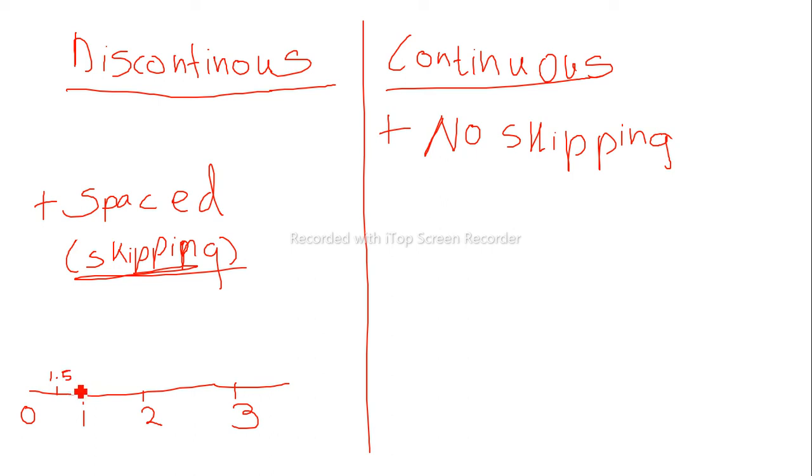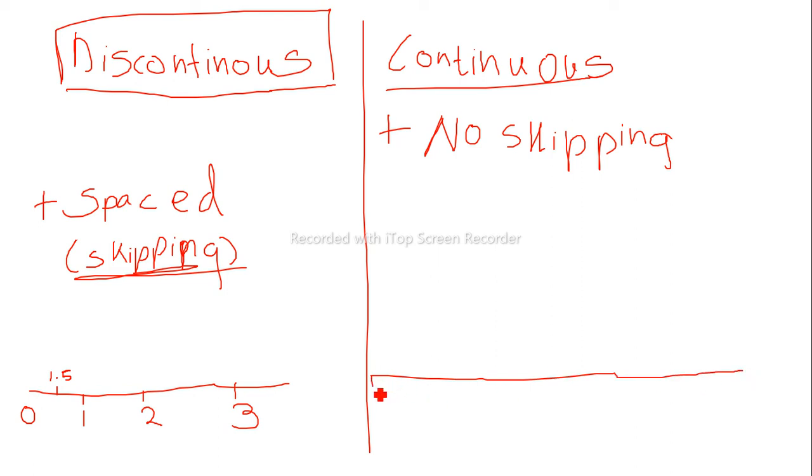We didn't mention 1.6, neither 1.7, neither 1.8. So we skipped, so that's why it's discontinuous, right? But for continuous, we never skip, right? So for example, we'd go from 0 and then what's the very next thing after 0, and then the very next thing, the very next thing. Like we never skip numbers, right?